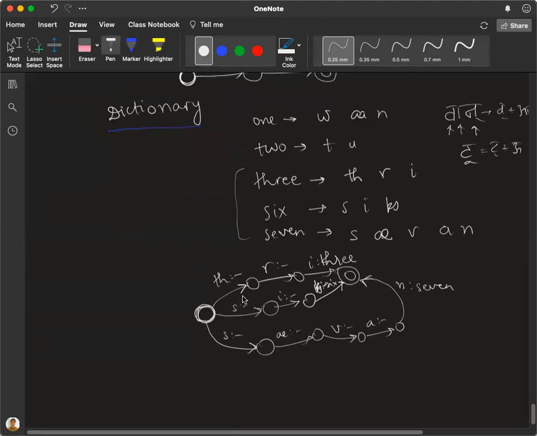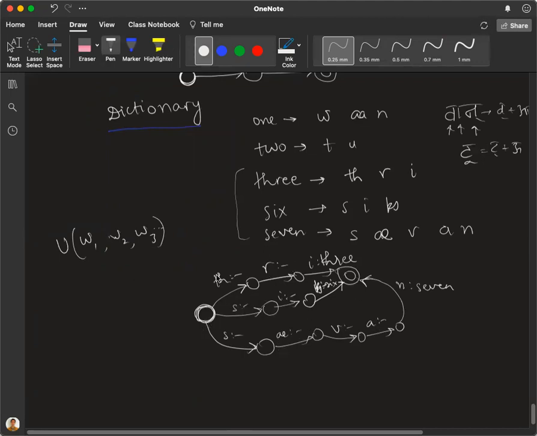Now you see, this is your union. You have different words, W1, W2, W3, and what you are doing is taking a union of all these words, and then you can repeat the words.